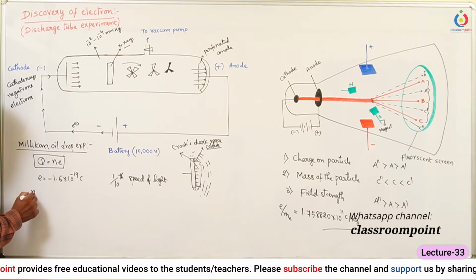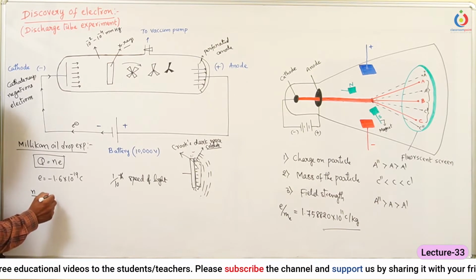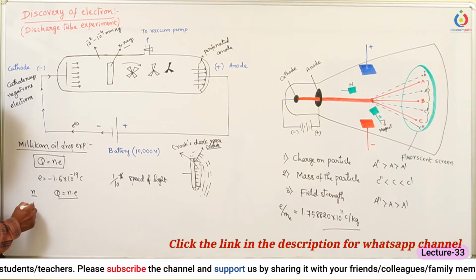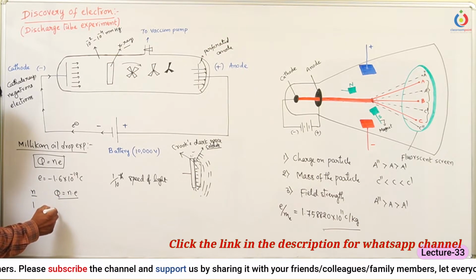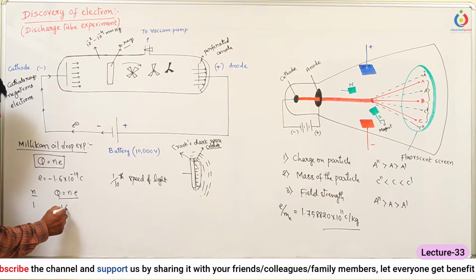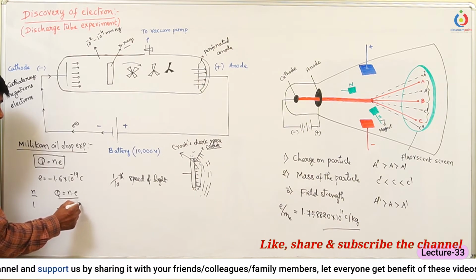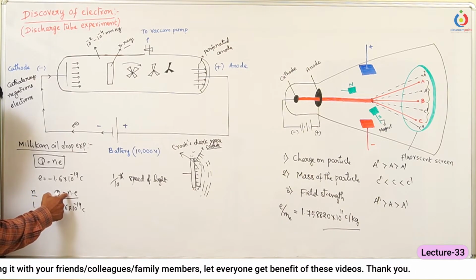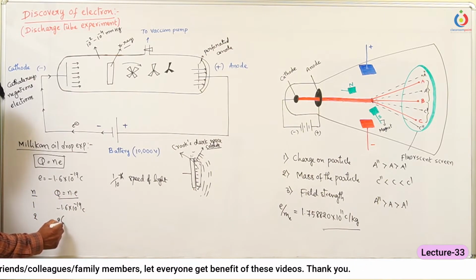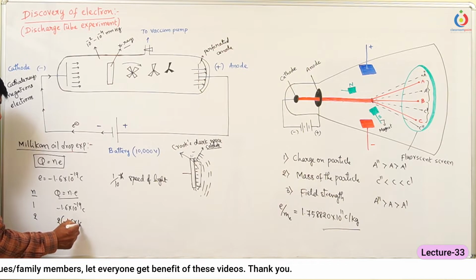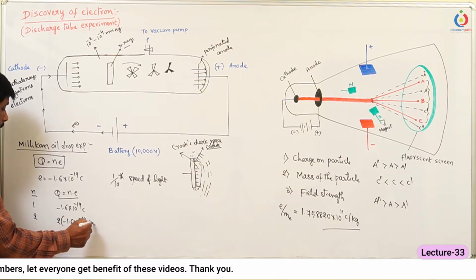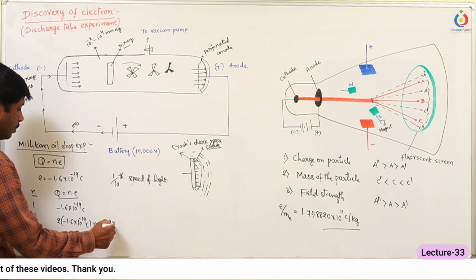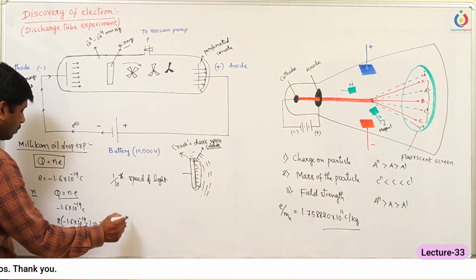So let us take Q equals N into E. If N equals 1, the value of Q equals minus 1.6 into 10 power minus 19 coulombs. If N equals 2, that means 2 into E, so you do 2 into minus 1.6 into 10 power minus 19 coulombs, and this value equals minus 3.2 into 10 power minus 19 coulombs.